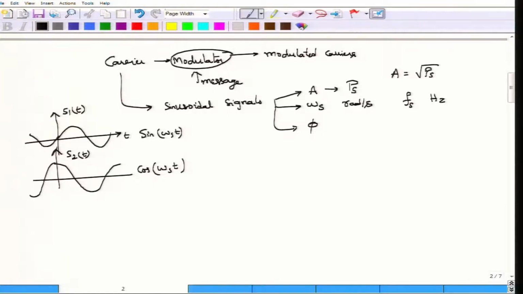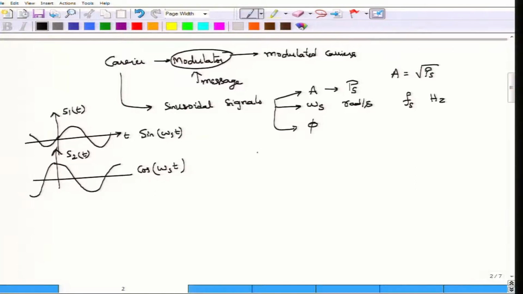So, coming back to what we want from a sinusoidal carrier: a sinusoidal carrier has well defined power, or equivalently amplitude. It has a well defined single frequency omega s, and then it has a certain phase, which does not become important unless you modulate the phase. This is at the functional level.